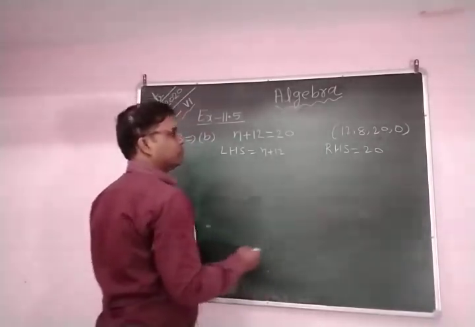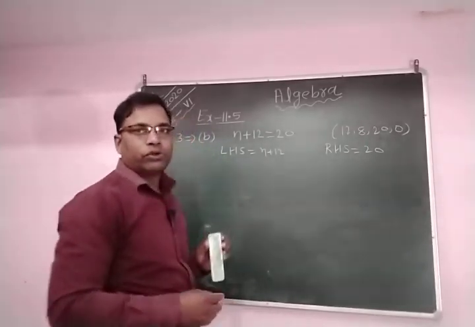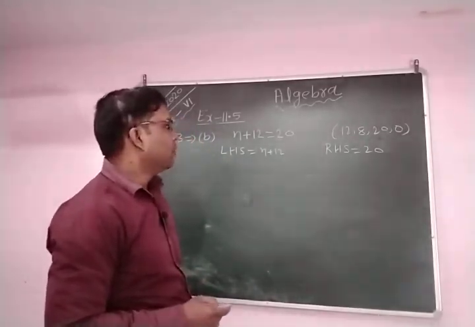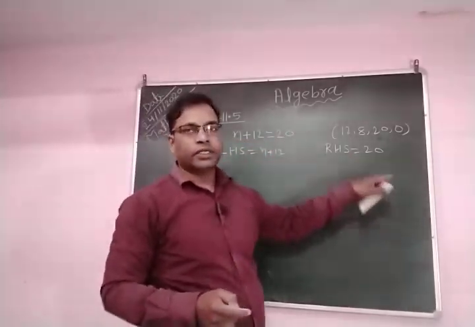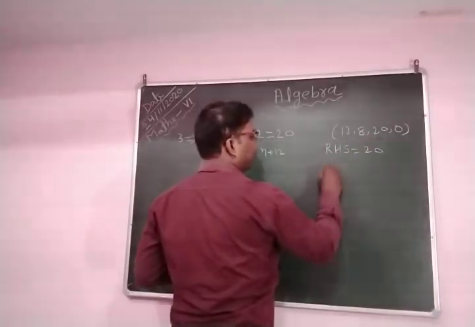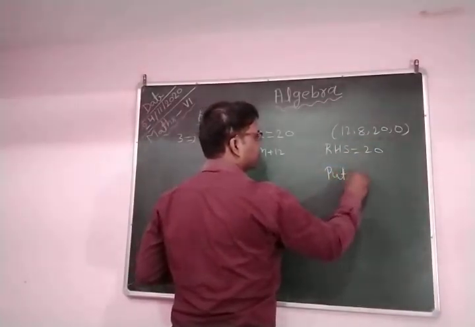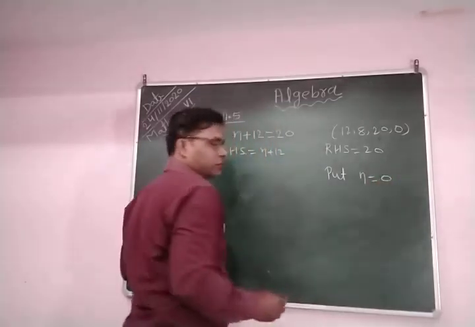You know very well, this is the given equation n plus 12 is equal to 20. Here n plus 12 is the left hand side and 20 is the right hand side. At the last value we put n is equal to 0. Is it the solution of the equation or not?